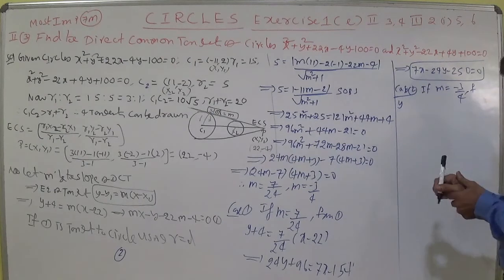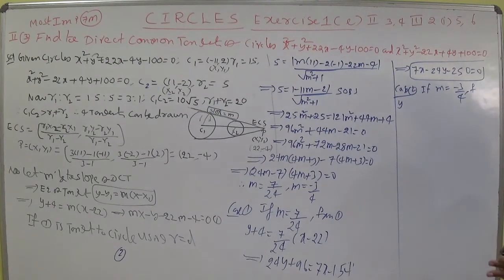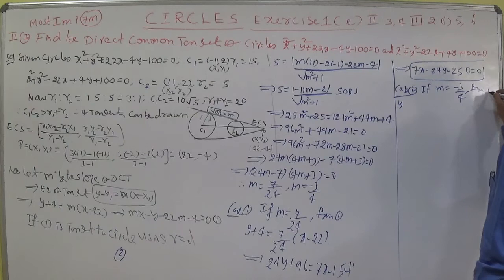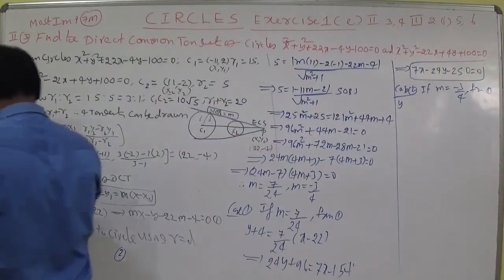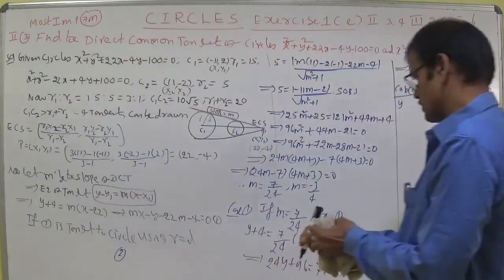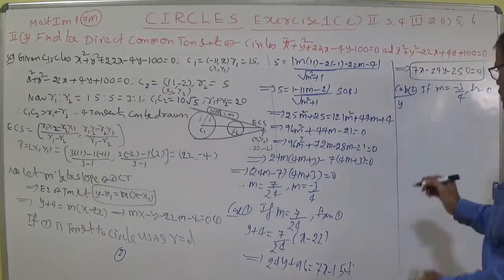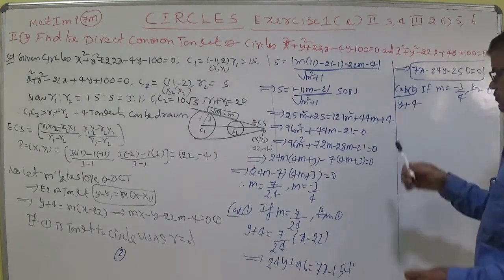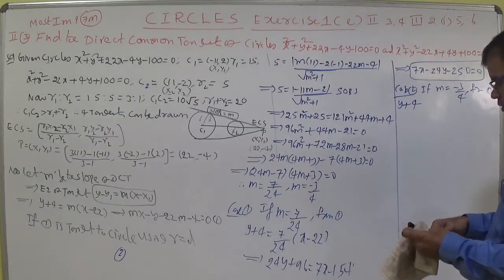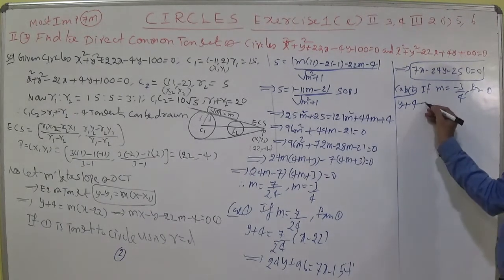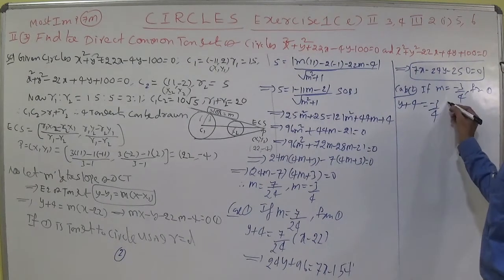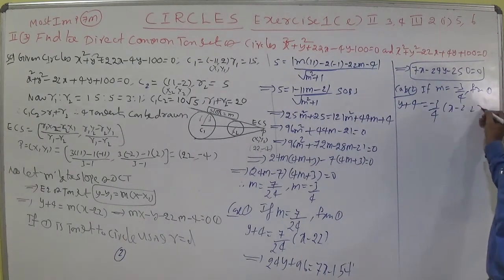From 1, y minus y1 means y plus 4 is equal to the slope minus 3 by 4 into (x minus 22).